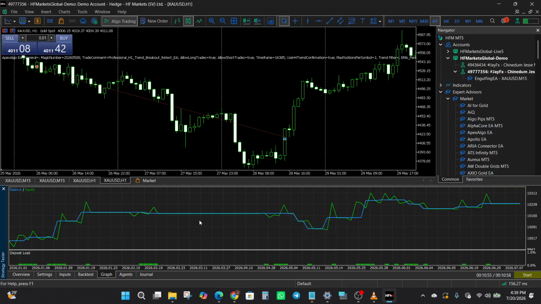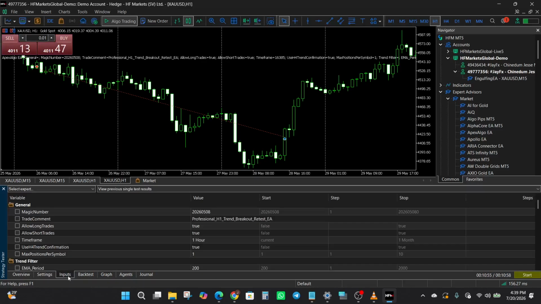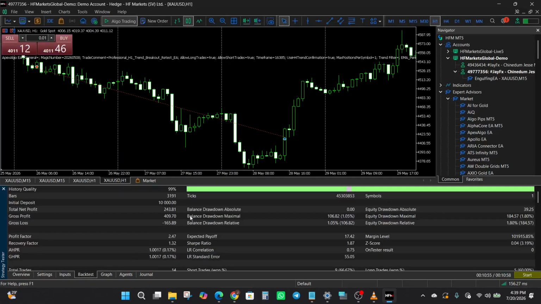So over 4 months, we had quite a steady balance. And then there was a decline and then an increase. So this was quite a rough equity and balance curve. But at the end of the day, the EA ended with a net profit of just about 2.4%.